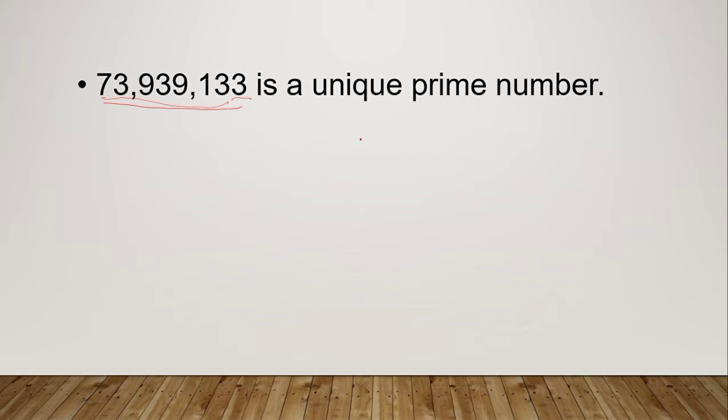And keep on removing another digit, the remaining is also prime. So try it on your own, and you're going to find that this is true. So take note of this.